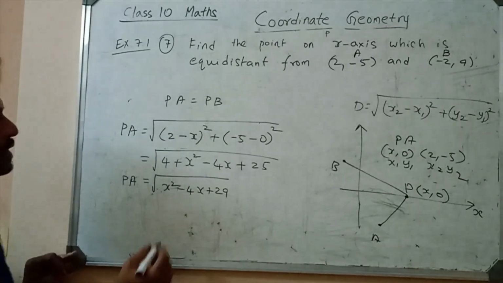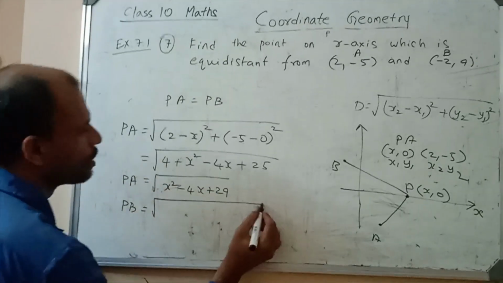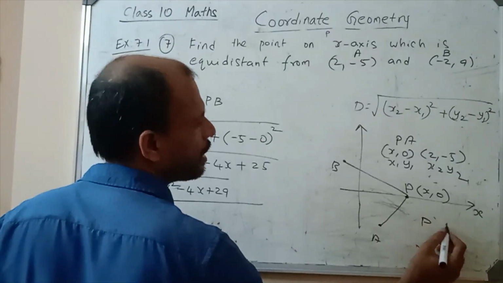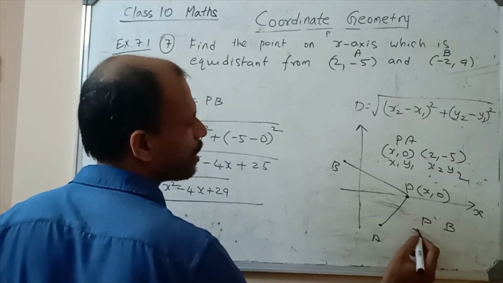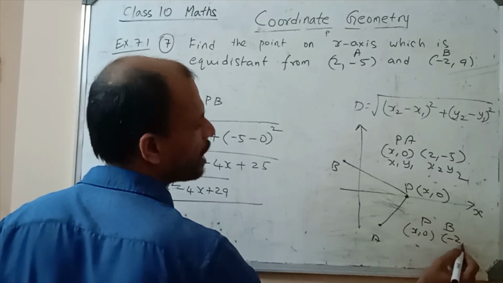Okay, and then find PB. PB is equal to root over. So here for PB, P is x comma 0 and then B is minus 2 comma 9.